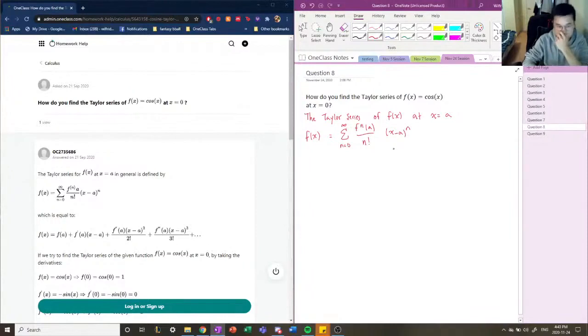Okay, so that's how you find the Taylor series, and it basically equates to the function at x equals a.